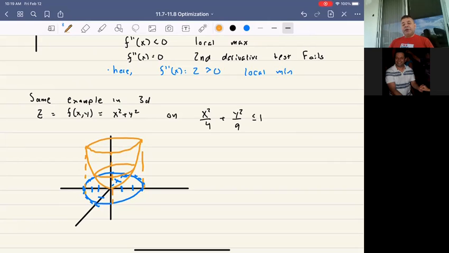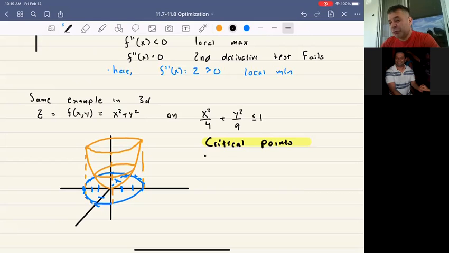Okay, now we're gonna do the same sort of thing. We're gonna find critical points. Now, just like in the one-dimensional case, in the Calc 1 case, it's very similar. We're gonna find places where the derivative either equals 0 or does not exist.